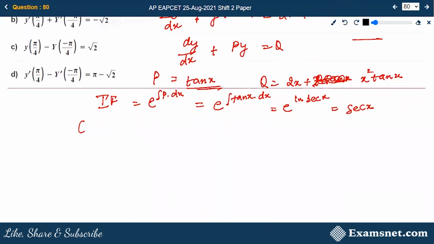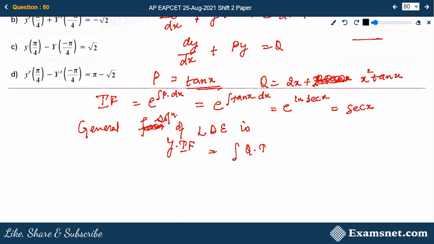Now the general solution of the linear differential equation is y into integrating factor is equal to integral of Q into integrating factor plus c. Let's fill in the values. Integrating factor we solved, it was sec x.